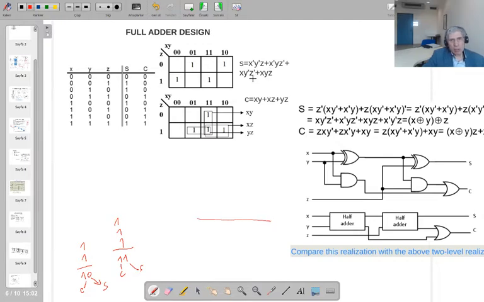But on the other hand, maybe not easy to see for you, but you could check it. This is an exclusive OR gate, a 3 input exclusive OR gate. For the carry, there are 3 first order subcubes. Each of them has got 2 variables in it. So this is the carry function. So this is the minimal function for this.